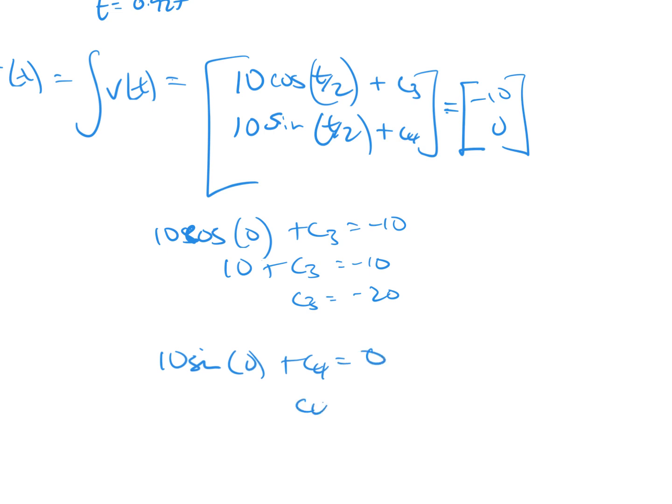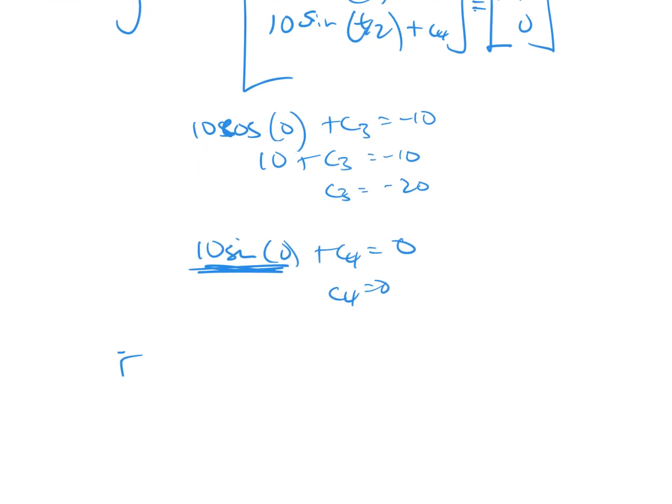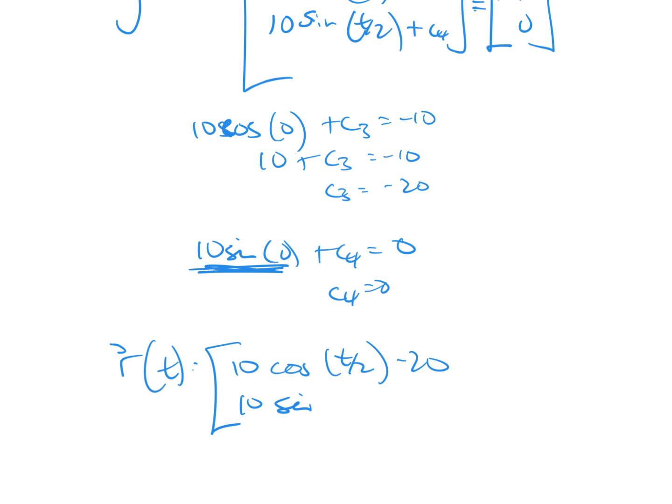Well, C4 equals 0 because this is 0. So my position vector is going to be 10 cosine t over 2 minus 20, and 10 sine t over 2. That's my position vector.